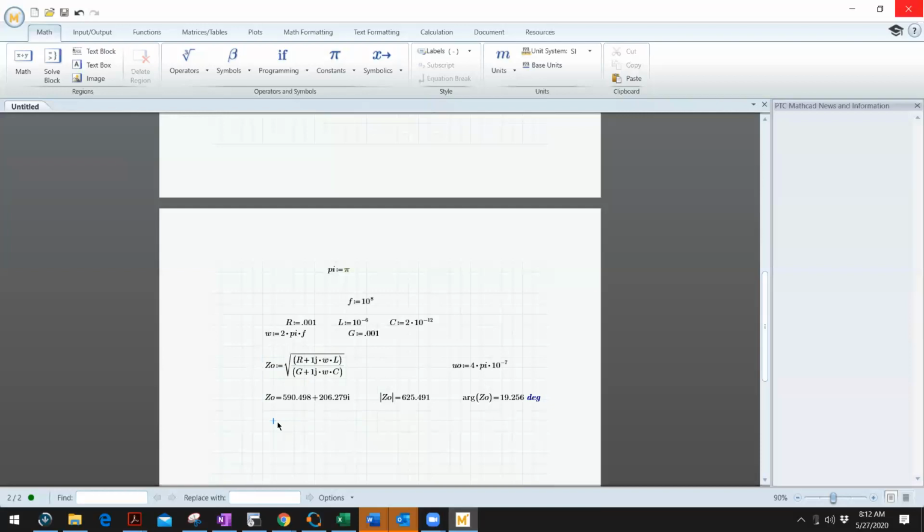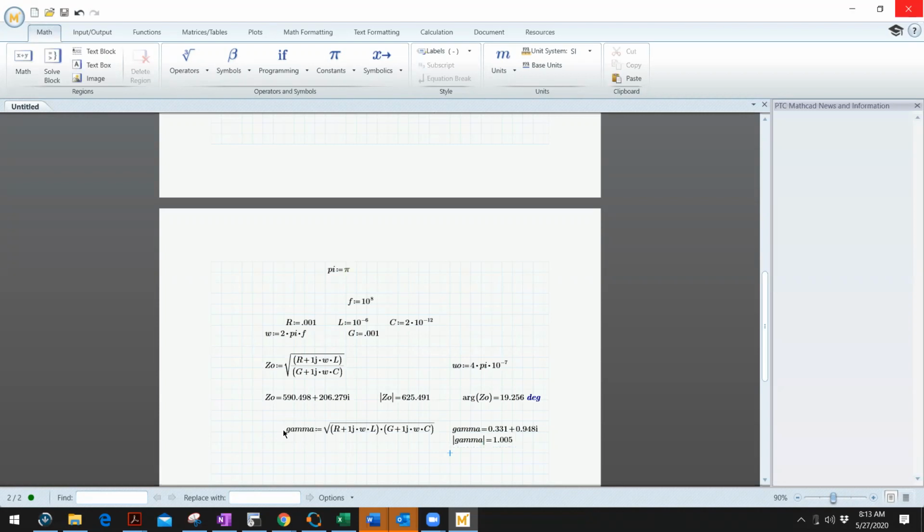The next thing we're going to get, after Z naught, is gamma. So I can actually make use of this and change it. So gamma is equal to the square root of R plus 1J times omega times L, times G plus 1J times omega times C, and that gives the magnitude of gamma.